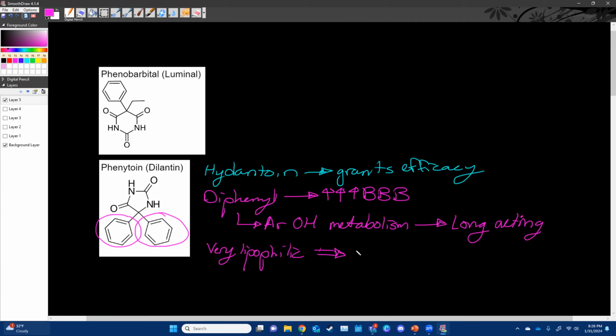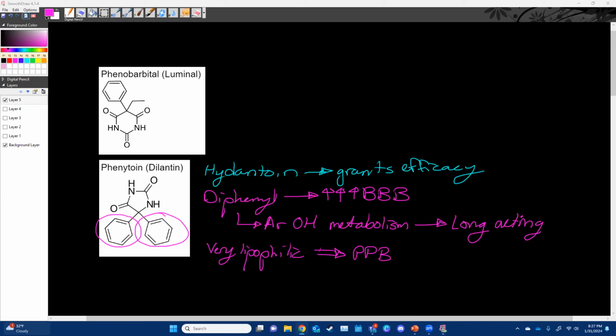Plasma proteins. Exactly. So phenytoin is one of the quintessential highly protein bound drugs. So in the exam, if he gives you phenytoin and another highly protein bound drug, you can say, oh yeah, these are going to interact with each other. Why? Because they're very, very lipophilic.